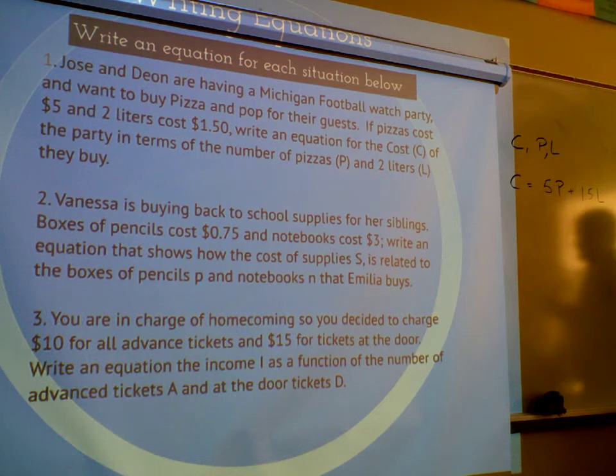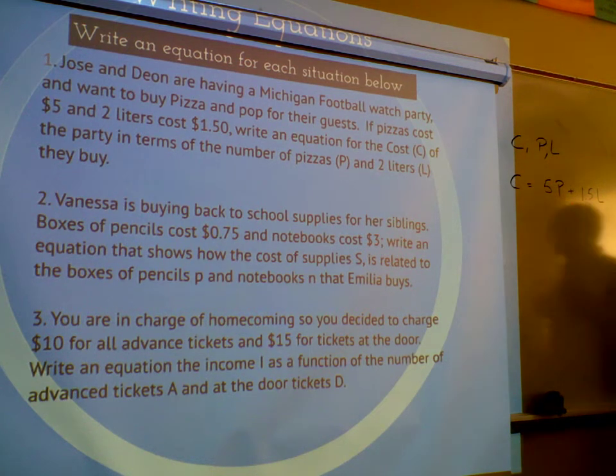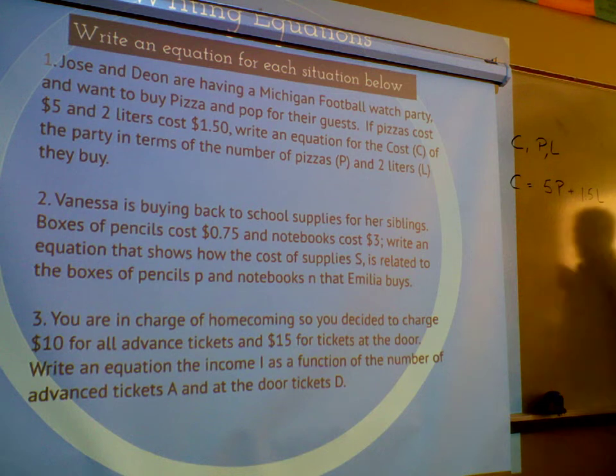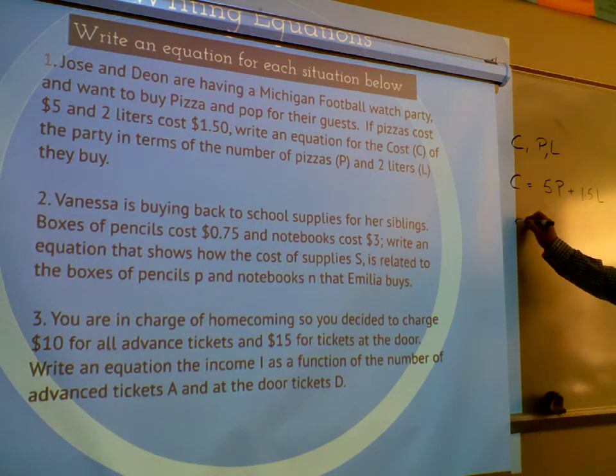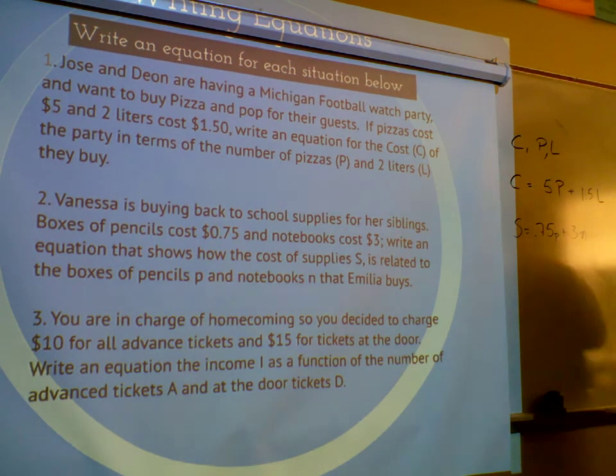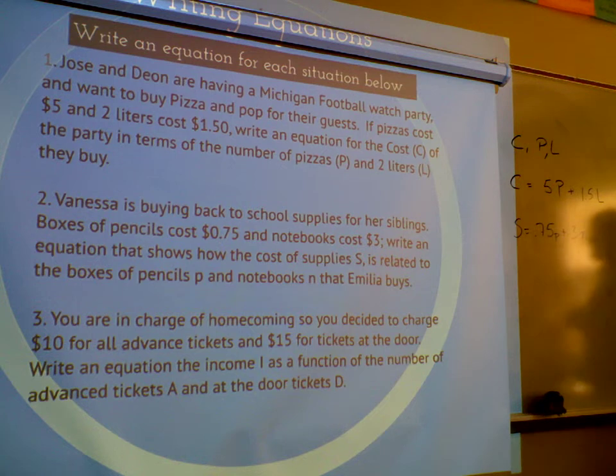P, N, and S. S is like Z. Now, what are my constants? 0.75 and 3. Good. So, how do I write the equation? What's it going to look like? Good. Any questions about that one?